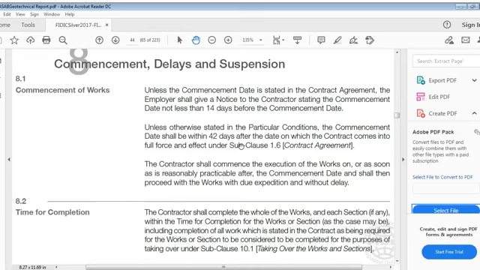Every activity that you carry out, every material that you procure, every safety measure that you resort to, every technical matter that you do, every design page that you prepare, everything that we do on sites, all are covered under the scope of the contract.